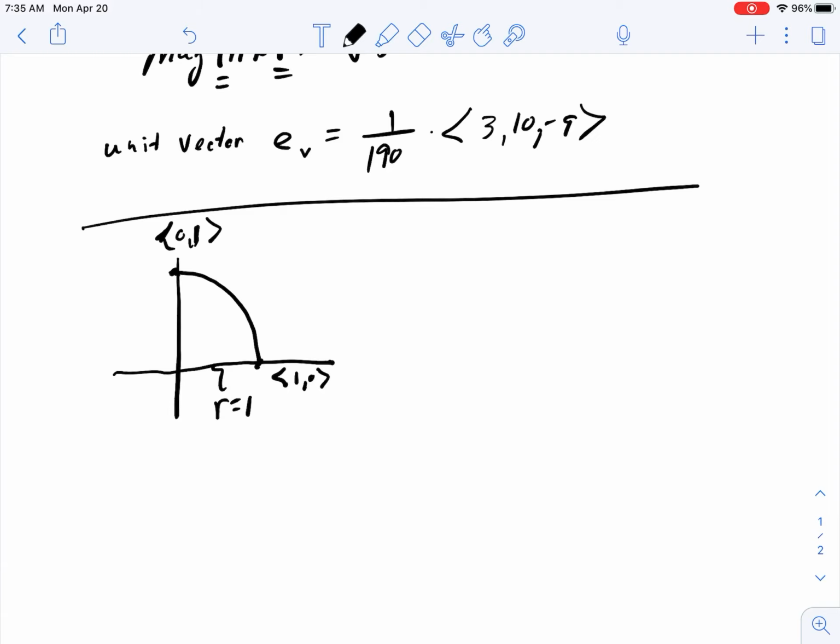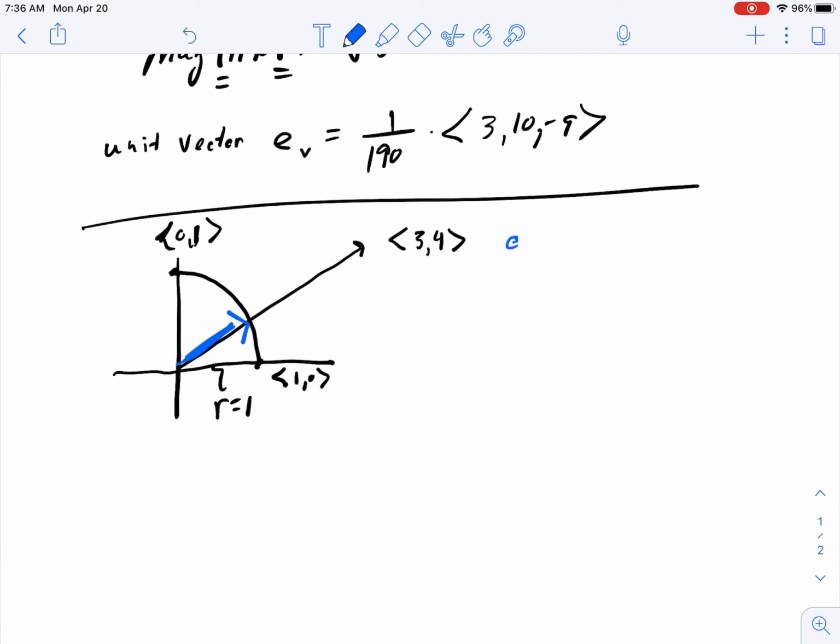This here would be 0, 1. So if I have a vector going beyond that, and let's use something really easy, 3, 4. Okay, I have to shrink that down to a length of 1.